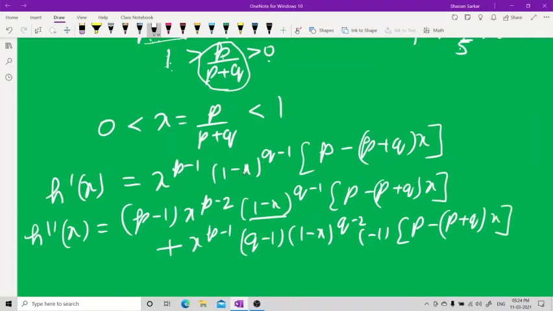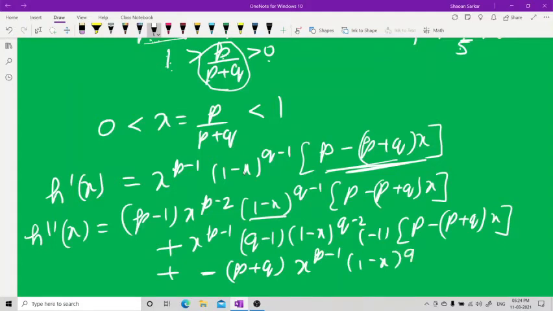And now the last of this is you have to differentiate this portion only, minus (p plus q). This is x to the power of p minus 1 minus x to the power of q minus 1.